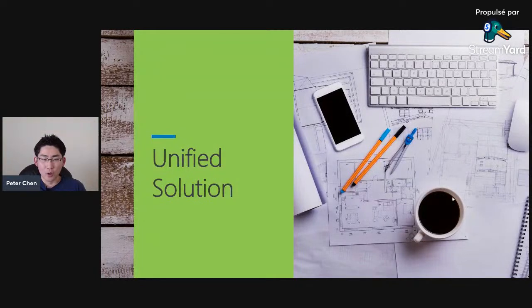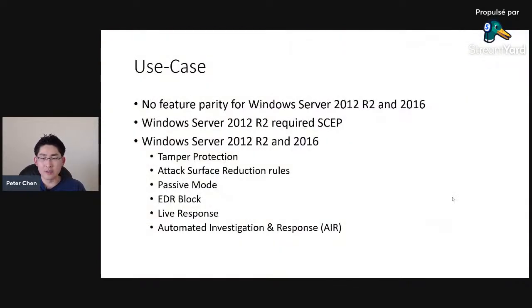Next one I'm going to dive a little bit into is the Unified Solution. Unified Solution is a new feature, I would say, that was released within the last, I believe, 6 months or so.